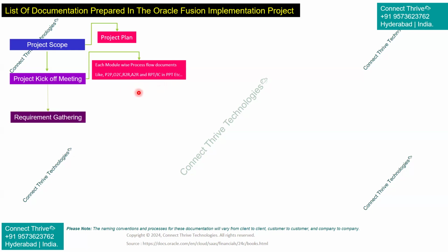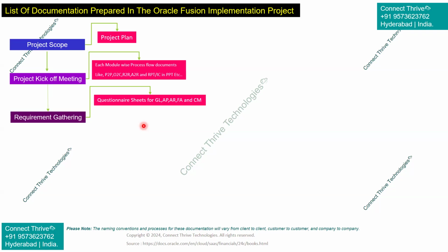Then after that we have the third stage, requirement gathering. In requirement gathering, before we go and ask the business user the module related questionnaires, we should thoroughly see their existing business process, the documents or accounting entry sheet shared by the business user.